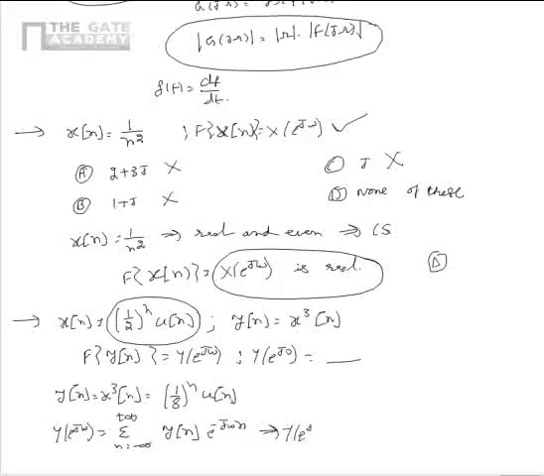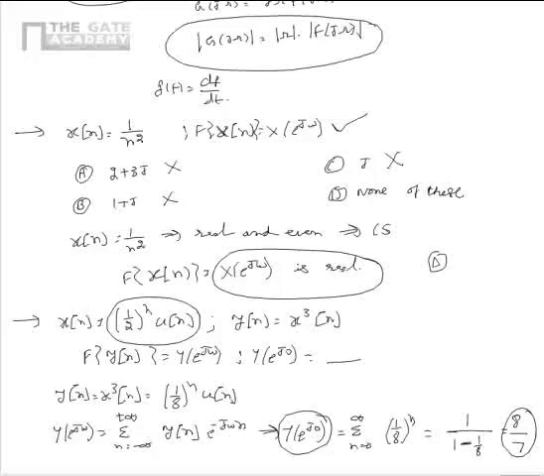So Y of e power j0 upon substituting omega equal to 0 becomes sigma n equal to 0 to infinity 1 by 8 whole power n. So this upon simplification becomes 1 divided by 1 minus 1 by 8, that is equal to 8 by 7. From this we see that the value of Y of e power j0 is 8 by 7.